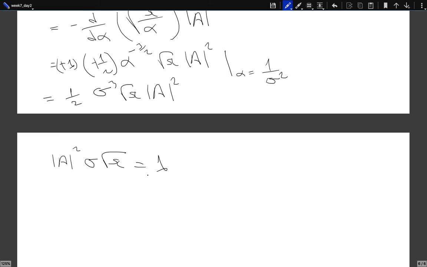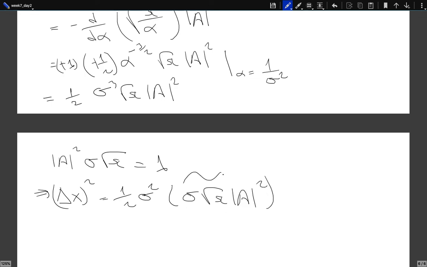This is equal to 1. So this tells me that the uncertainty in the position of the particle squared is 1 over 2 sigma squared, sigma square root of pi a squared. This is 1.